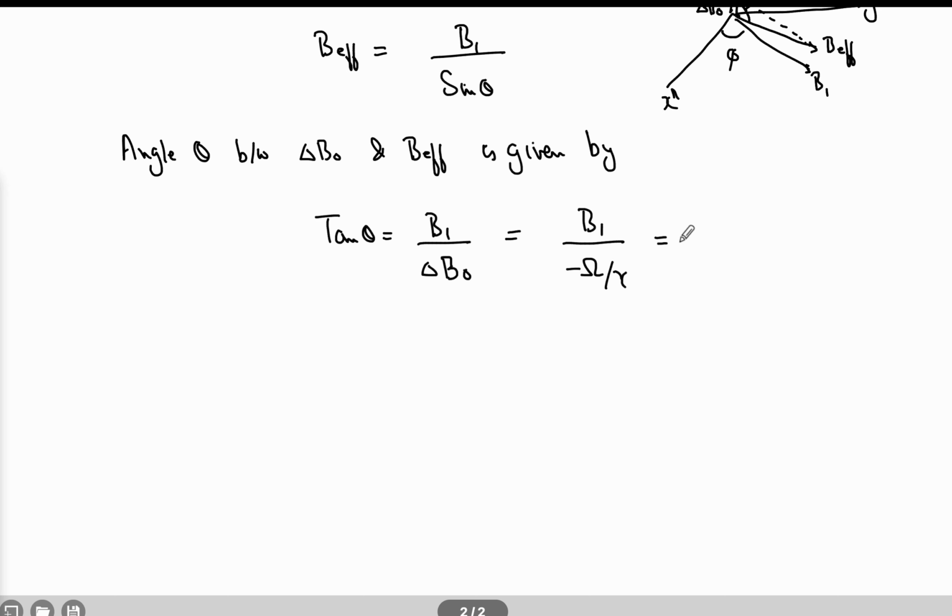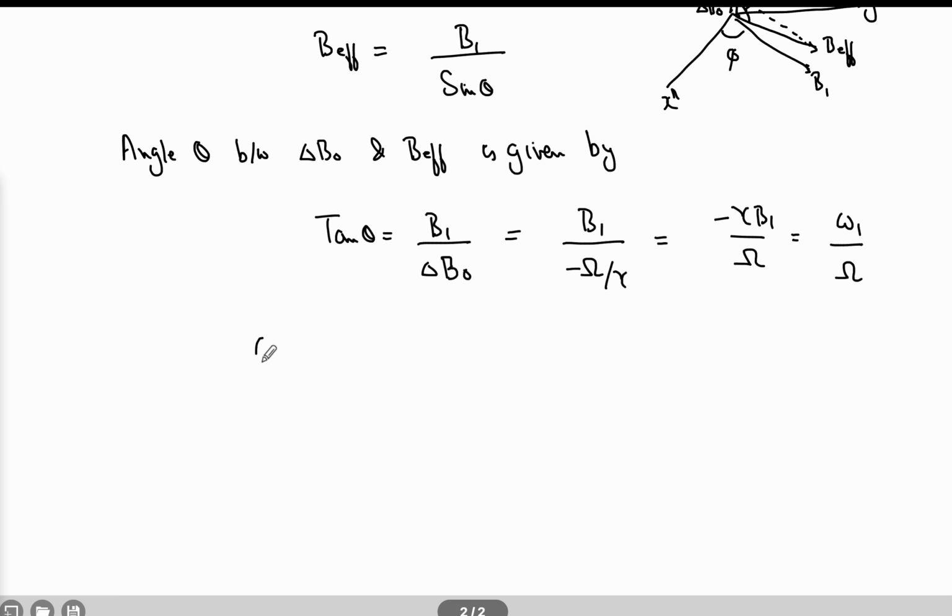Now this can be written as minus of gamma B1 divided by offset, and this is written as plus of omega 1 actually, omega 1 by offset. So omega 1 is nothing but the RF field, the radio frequency field, corresponding to B1.